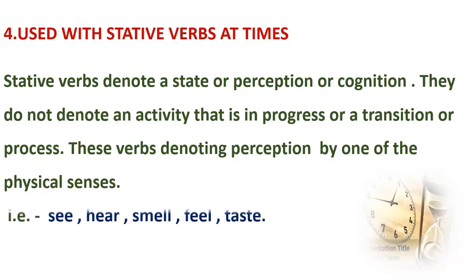They do not denote an activity that is in progress or a transition or process. These are verbs denoting perception by one of the physical senses. What are they? See, hear, smell, feel, taste. These are the words, children. Stative verbs, you can say, and we always use simple present. So you cannot say that they are in progression or transition.